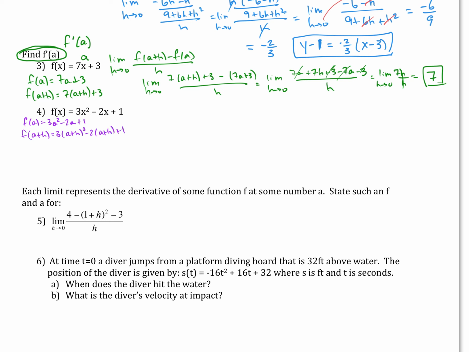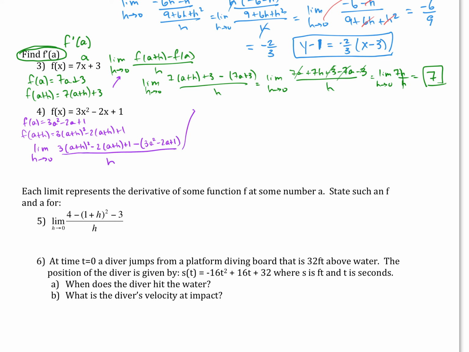Now, putting these two in our formula, this one right here, we have the limit as h goes to 0 of, now f of a plus h will be 3 times a plus h squared minus 2 times a plus h plus 1 minus f of a, which is this whole 3a squared minus 2a plus 1 all over h.